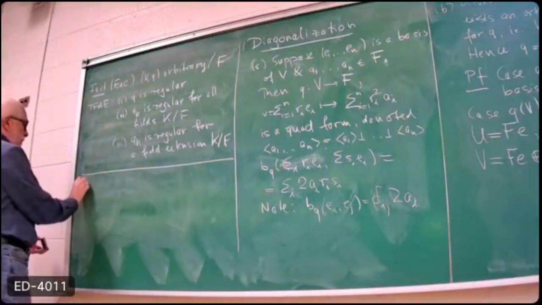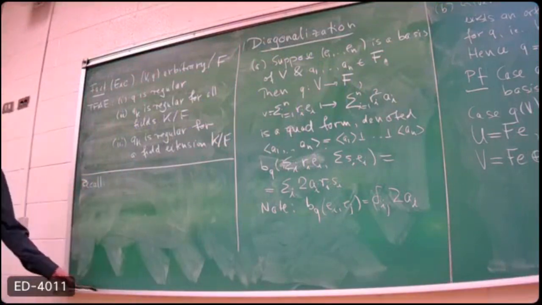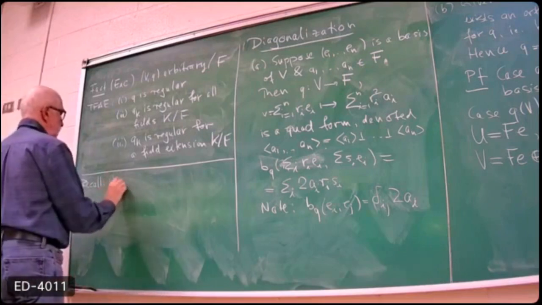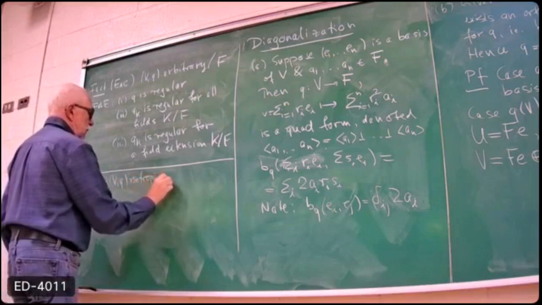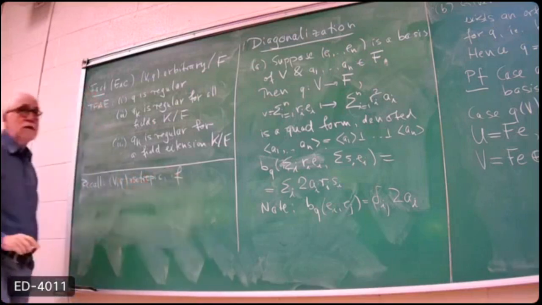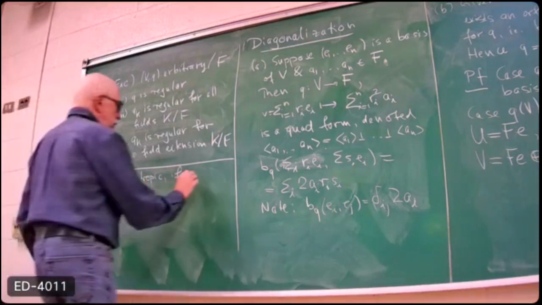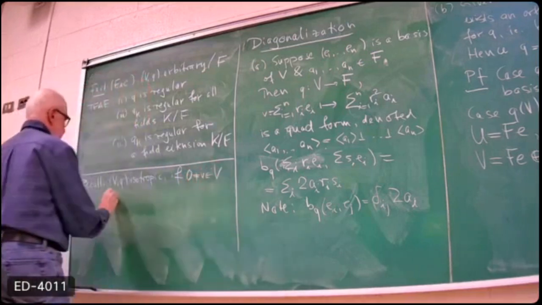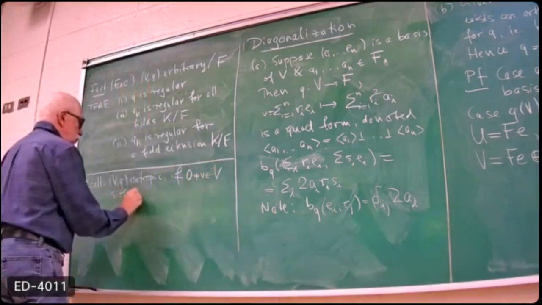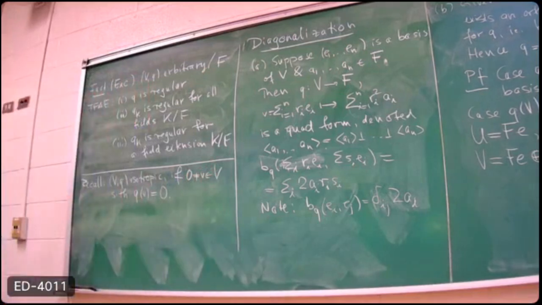So recall we said that Q is isotropic if the quadratic form has a non-trivial zero, if there exists non-zero v such that Q of v is zero.